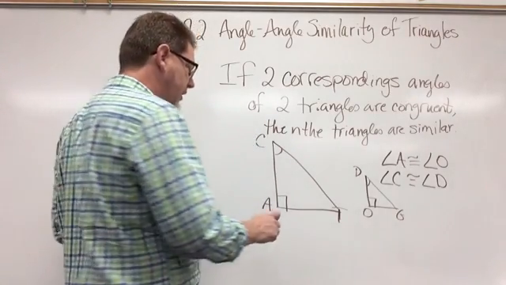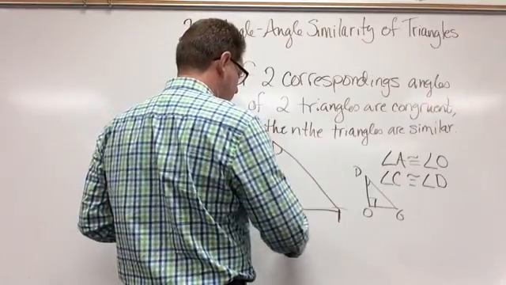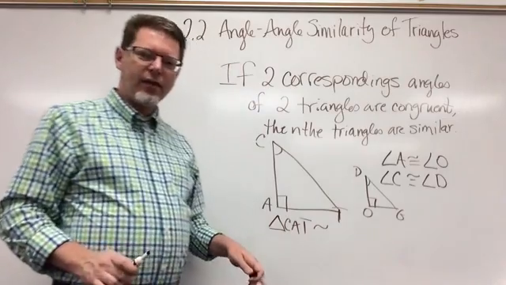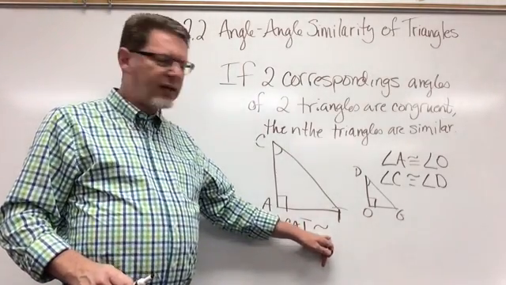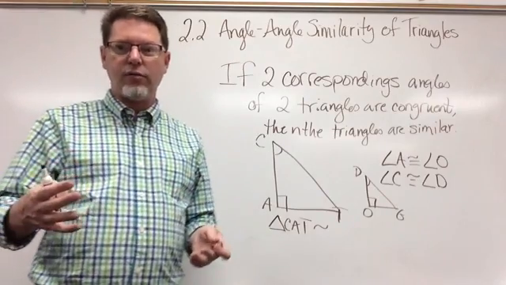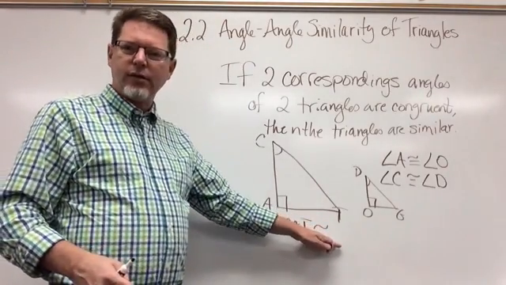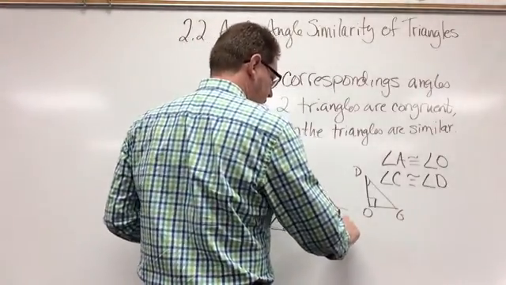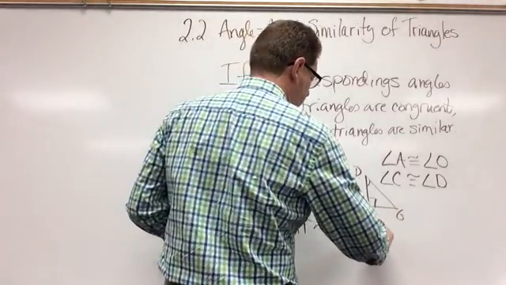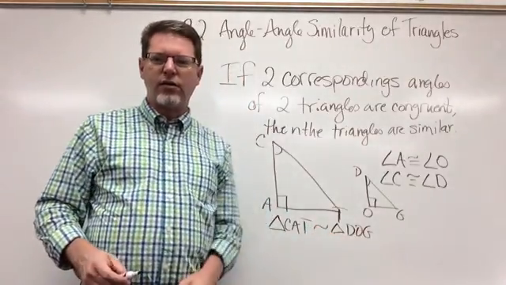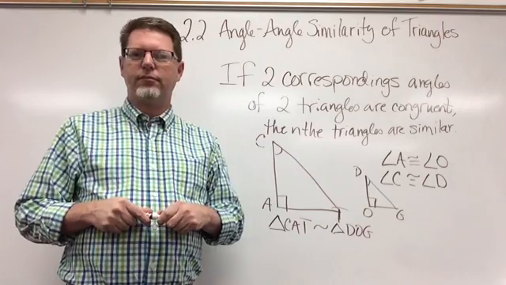And the way we would write that is we would say triangle CAT is similar to, and that's just a squiggly line. That same squiggly line that goes above congruent, but since they're not completely equal, congruent, they're only similar, angles are the same, we use the squiggly, to triangle DOG. So triangle CAT is similar to triangle DOG.